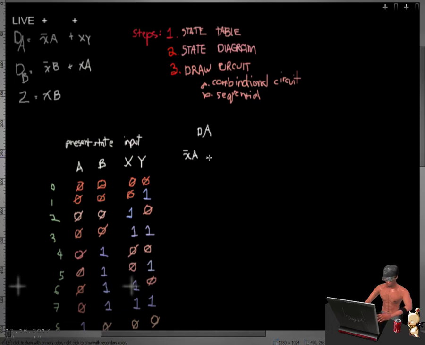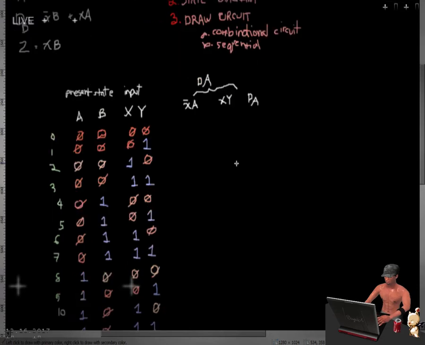We've got two functions here. I'm just going to call them functions. Some people call them minterms. This is all interchangeable, but essentially we're going to evaluate that term and we're going to get DA. So we're going to evaluate this function right here. So X bar A is going to be 0. We're going to give this a color of red like before. Okay, so that's red.